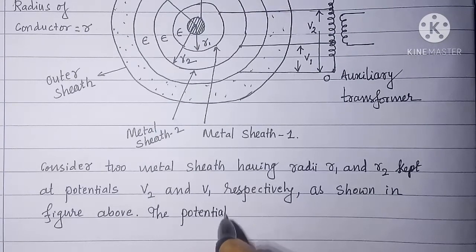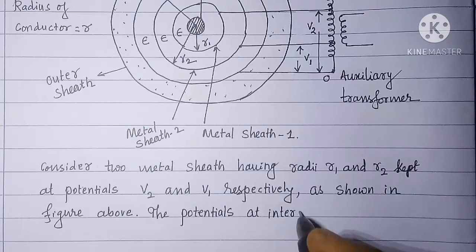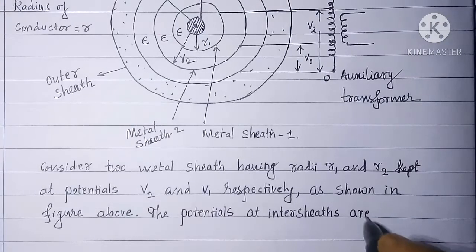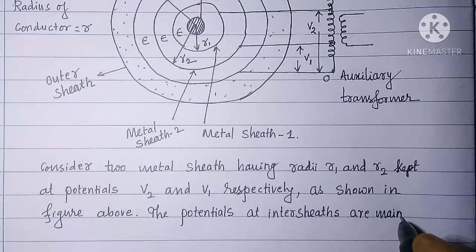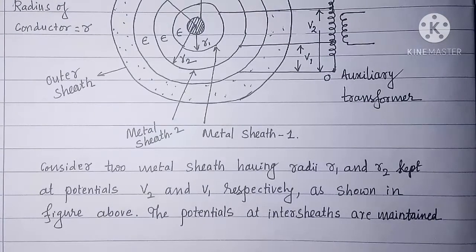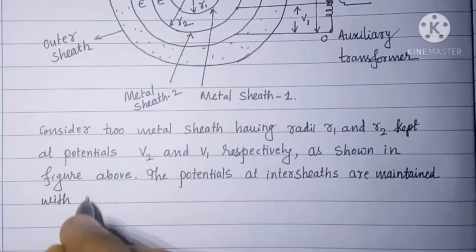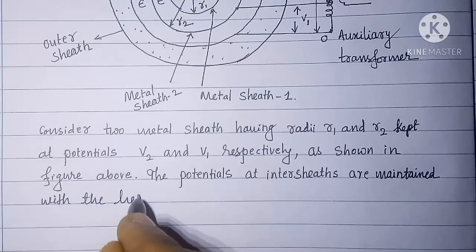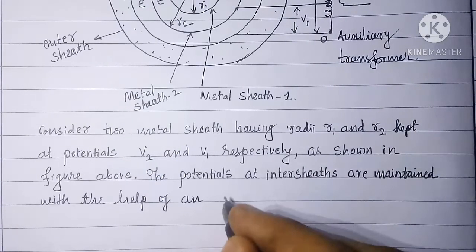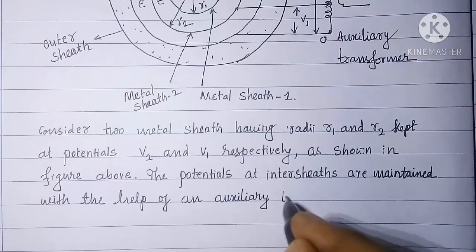The potentials at intersheaths are maintained with the help of an auxiliary transformer.